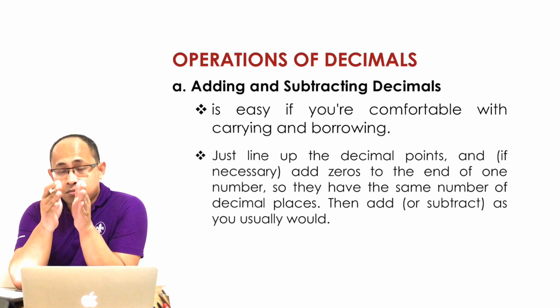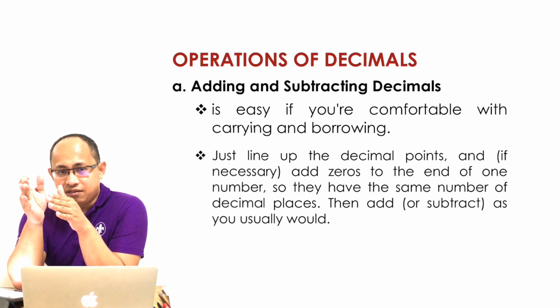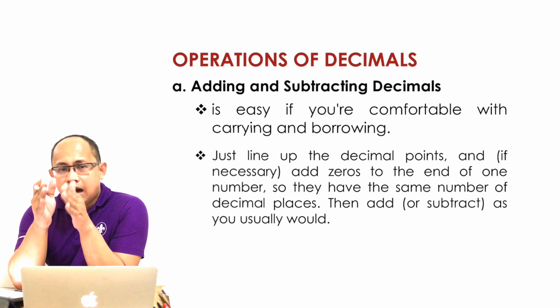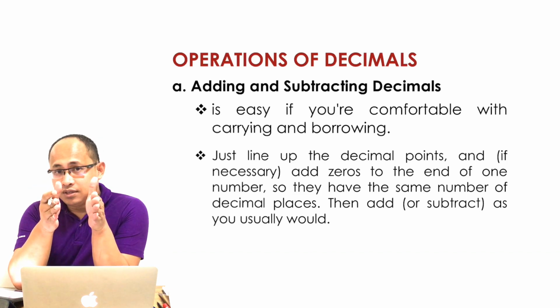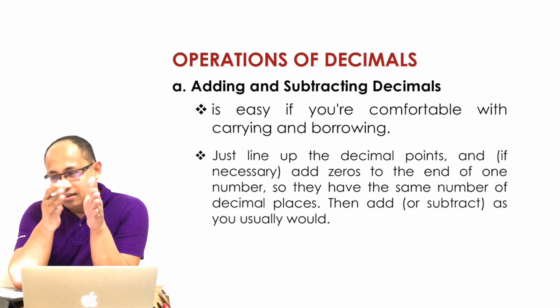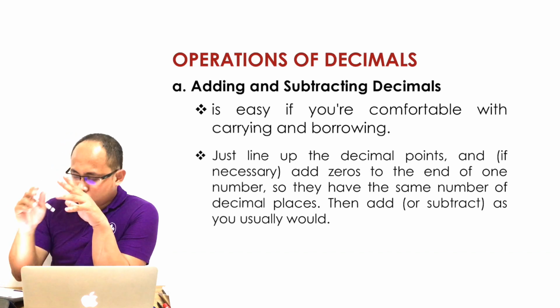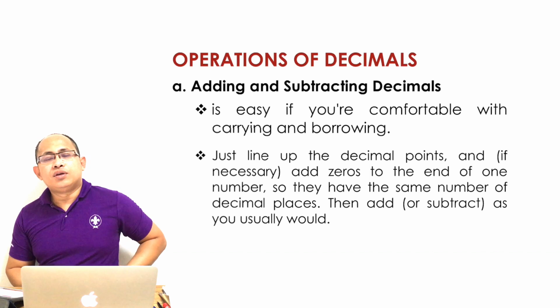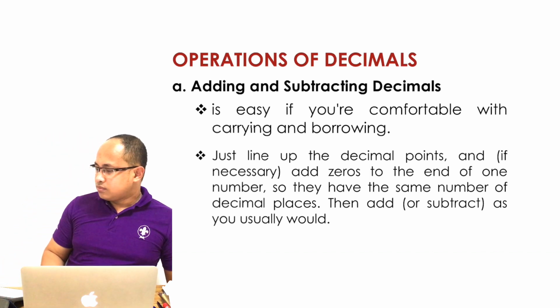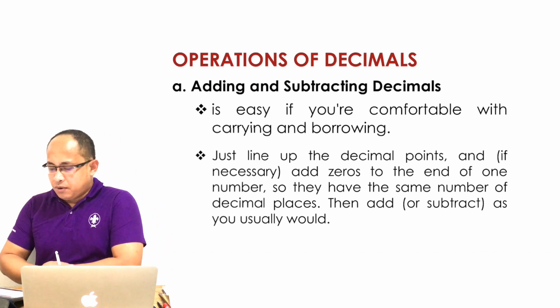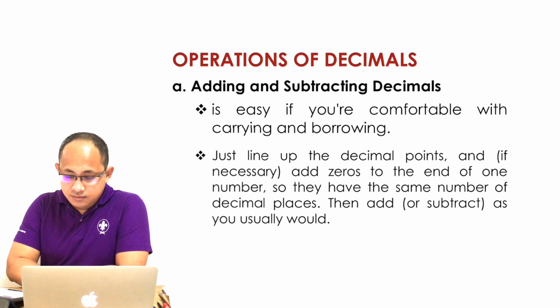But if the number after the place value that you need to round off is greater than 5 or equal to 5, add 1 to the place value that you need to round off, and the rest of it, erase it. Remember that one always. Your base number in rounding off is 5. Now let's have operation of decimal.